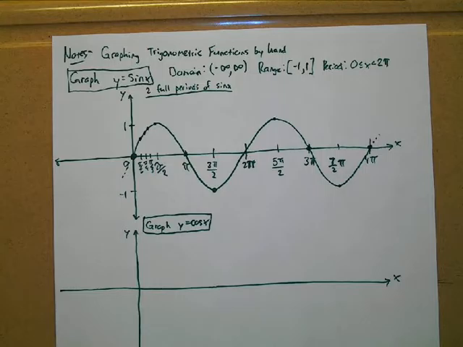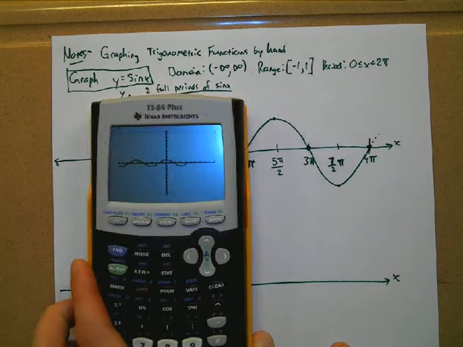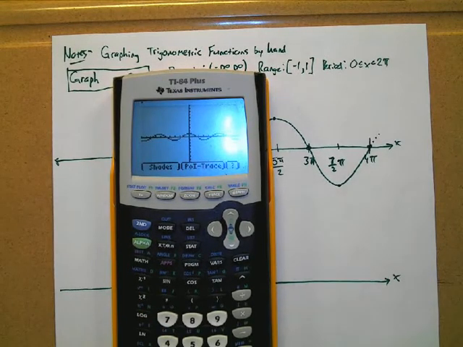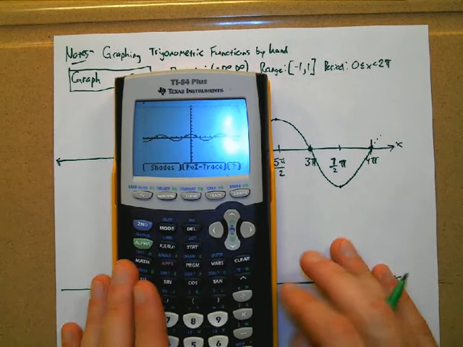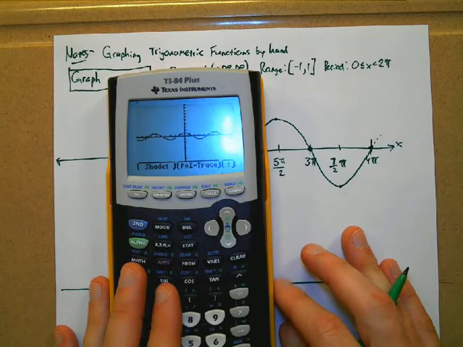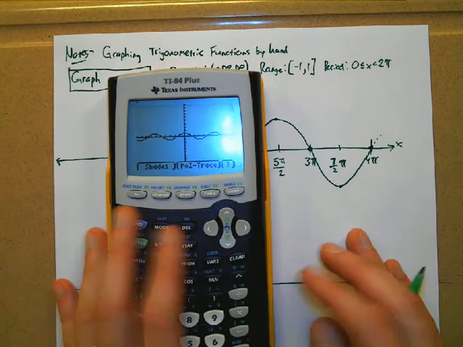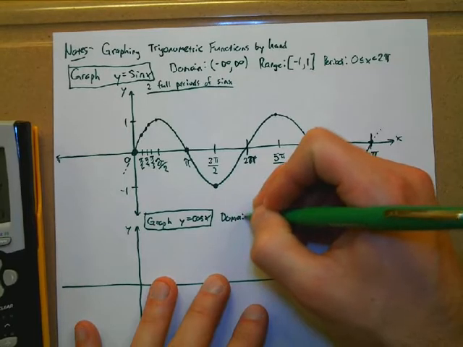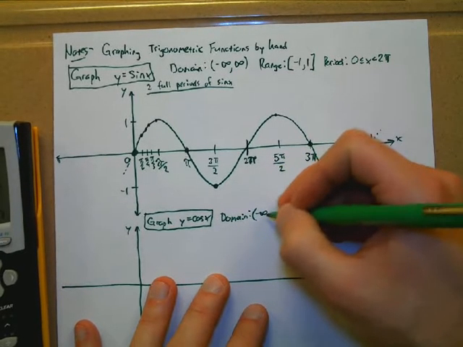What would the domain of cosine of x be? All real numbers, negative infinity to infinity. And what about the range? For cosine, the range is negative 1 to 1, you got it.